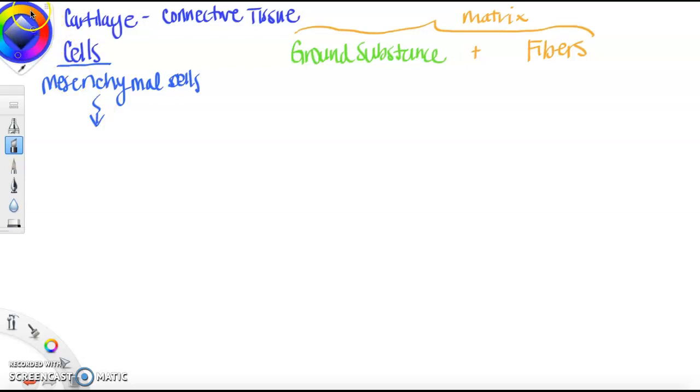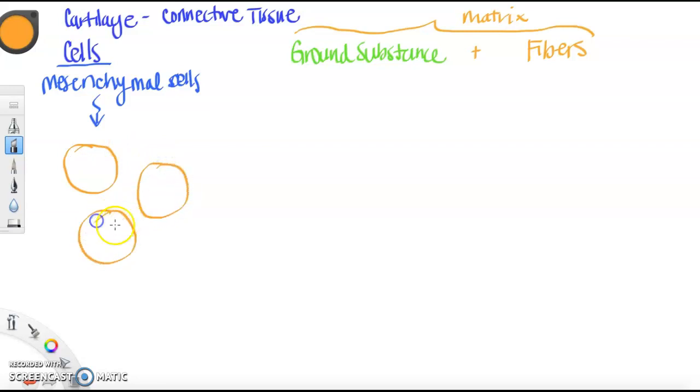And those cartilage cells are chondroblasts. So again, these are chondroblasts. And what do chondroblasts do? They secrete matrix. All blast cells secrete matrix. That's what they do. So they're barfing out matrix around themselves.